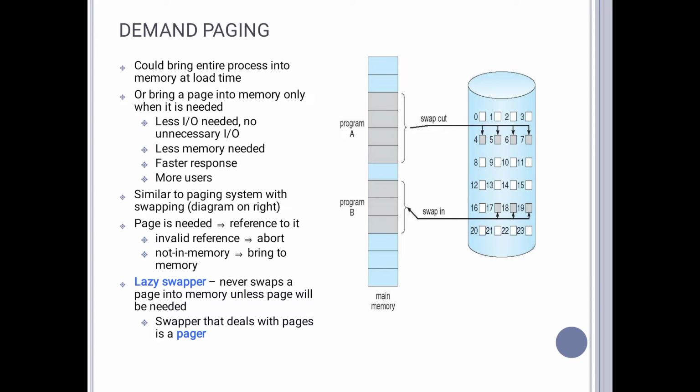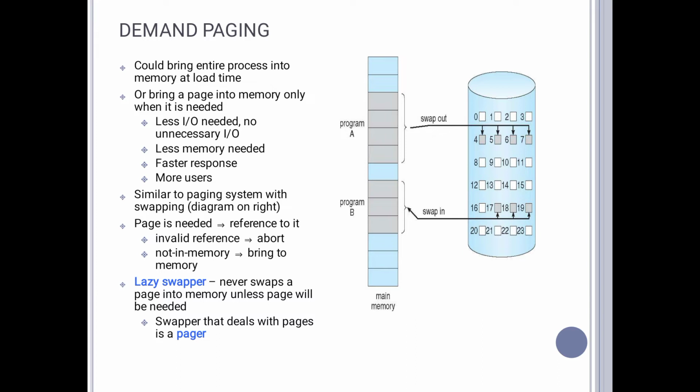Okay, so this is the diagram where a process resides in secondary memory, which usually means your disk. When we want to execute a process, we swap it into memory. Rather than swapping the entire process into memory, we use a lazy swapper. A lazy swapper never swaps a page into memory unless that page will be needed.